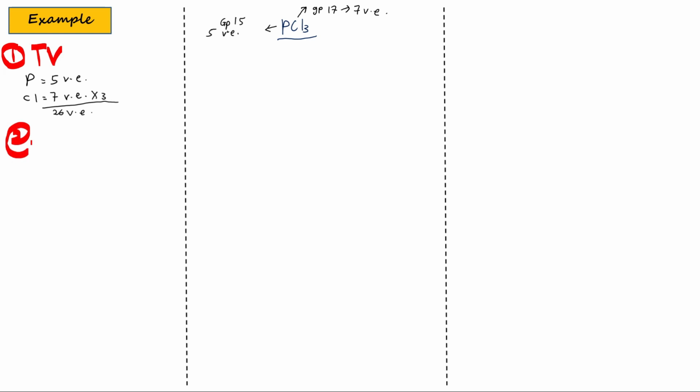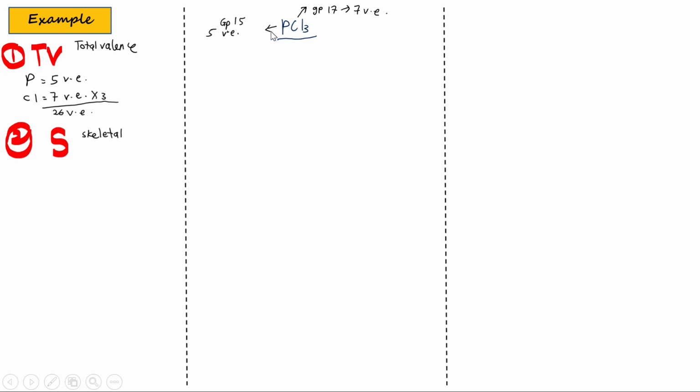So the second step is S. S means skeletal. In order to draw the skeletal structure, we need to decide whether P or Cl is going to be the central atom.